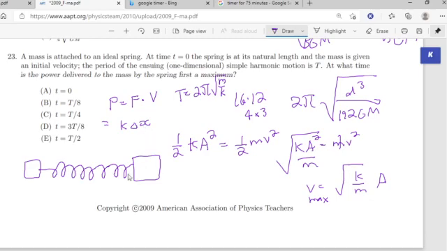So then we have P is equal to kx times root k over m A, which means then that P is the greatest at one of the amplitudes, because that's when x would be the highest.